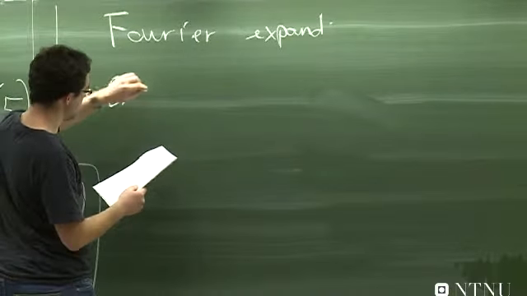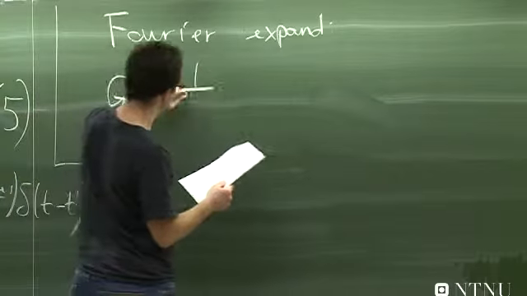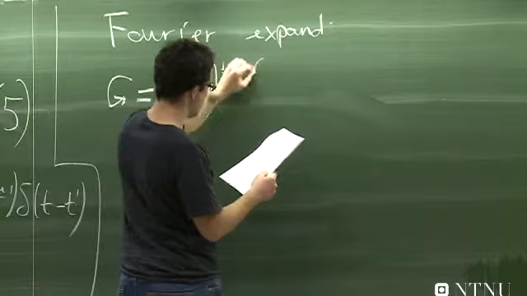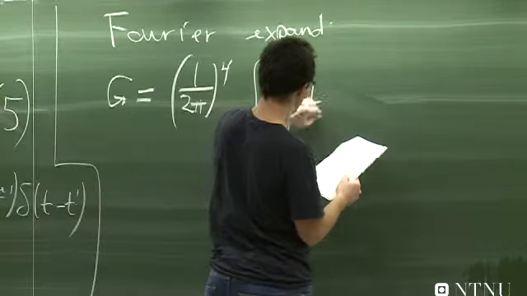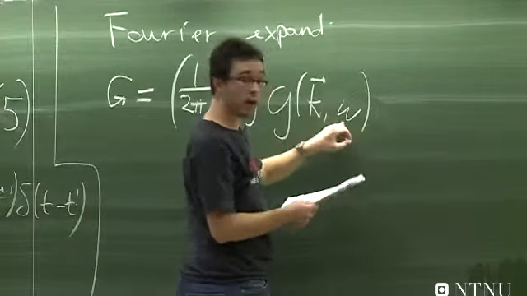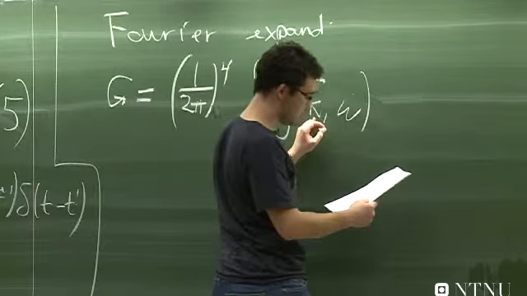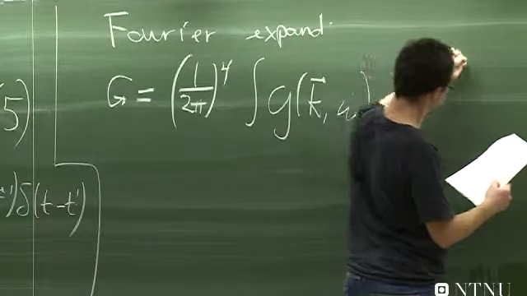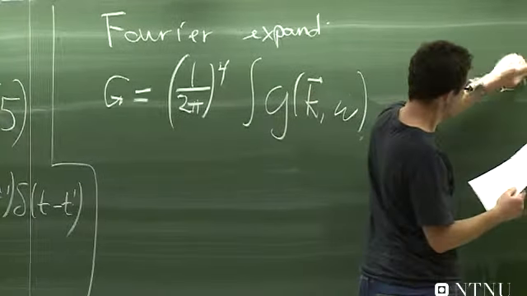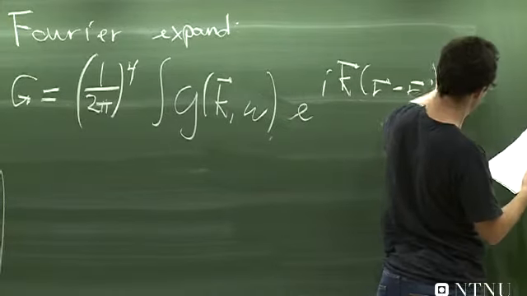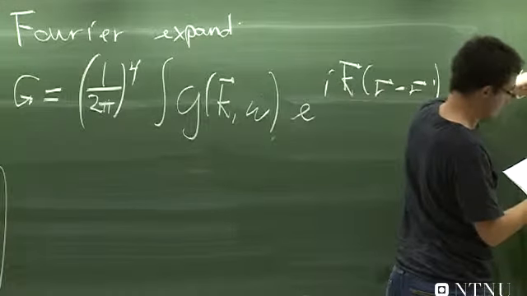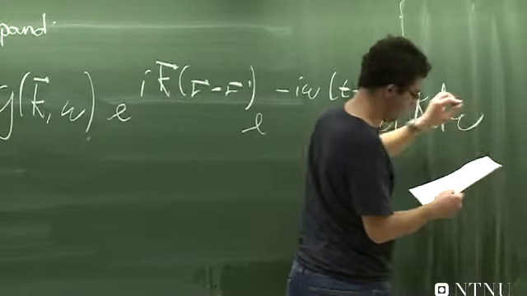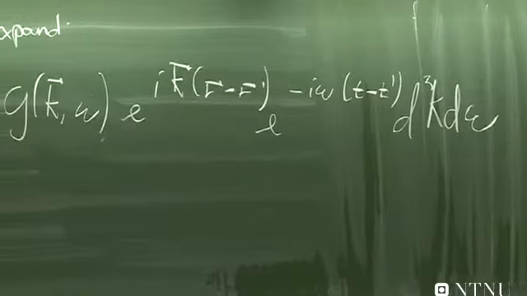So g on the left-hand side is 1 over 2 pi to the power 4, integral of g of k and omega. Omega is the time frequencies, right, while k is the spatial frequencies. e to the i k dot r minus r prime, e to the minus i omega t minus t prime, d3k d omega. Okay, now that's a big mess.